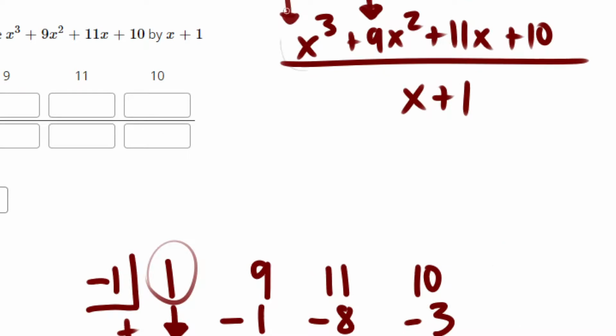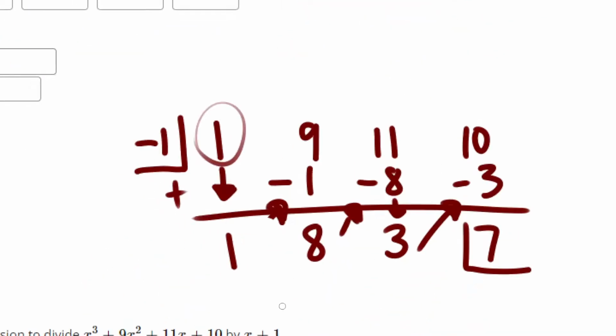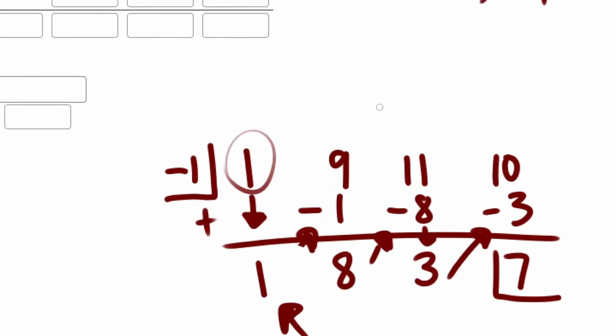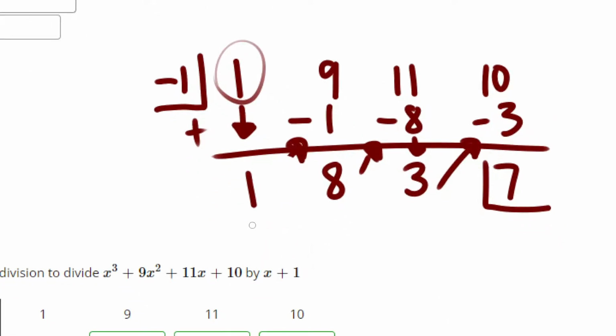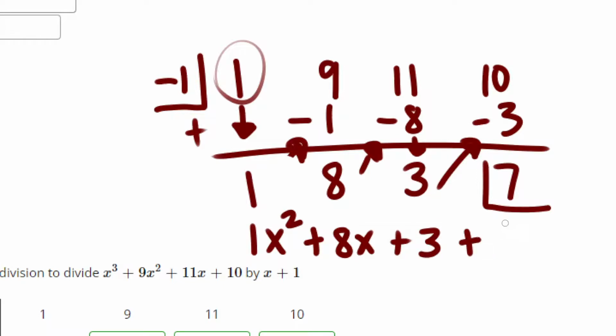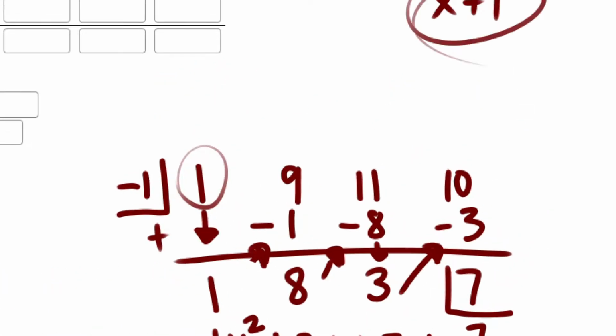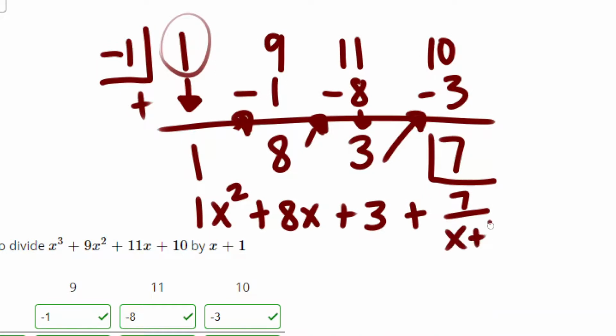I personally like to say this is x cubed, so I know that my first number is going to be an x squared. So now we have 1x squared, and then we just go in descending order. And since this is positive, it'll be plus 8x, and then plus 3, and then plus your remainder divided by your divisor, in this case, x plus 1.